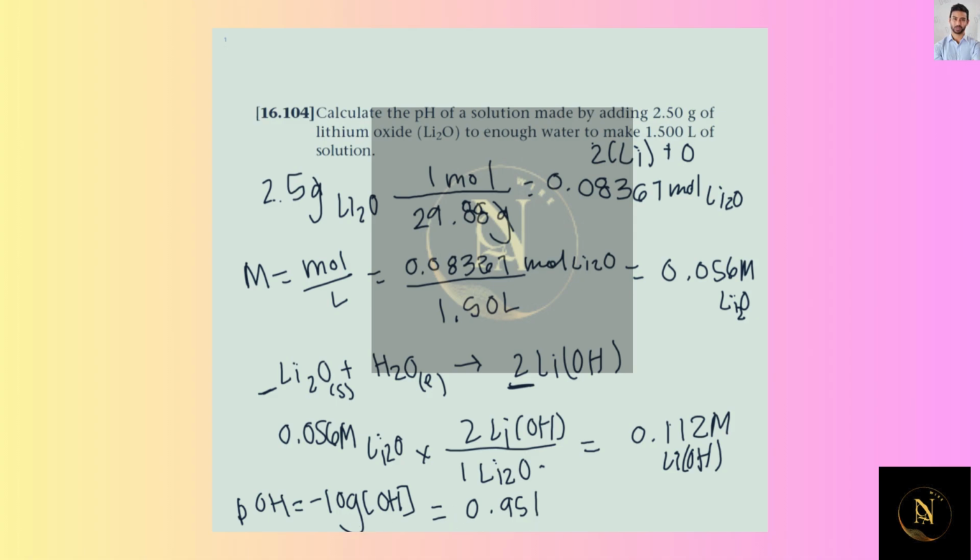To get the pH, you do 14 is equal to pH plus pOH. Then with algebra, pH is just equal to 14 minus pOH, which in our case was 0.951. So our final number is 13.049.